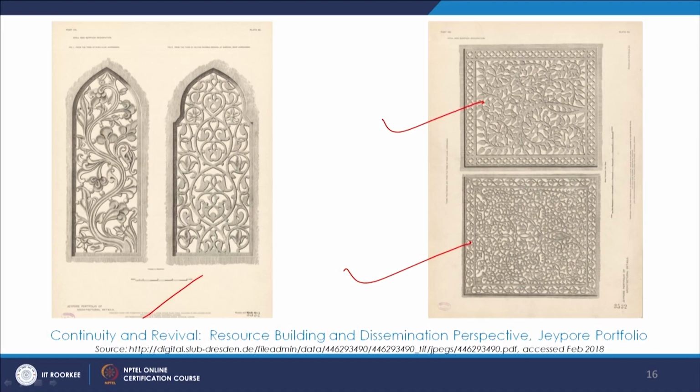So Jaipur portfolio is available in different libraries, also online, and there are different parts to it. And if you are particularly interested, I would suggest to see the details and also try to understand through drawings the making of these elements and the ornamentation part.